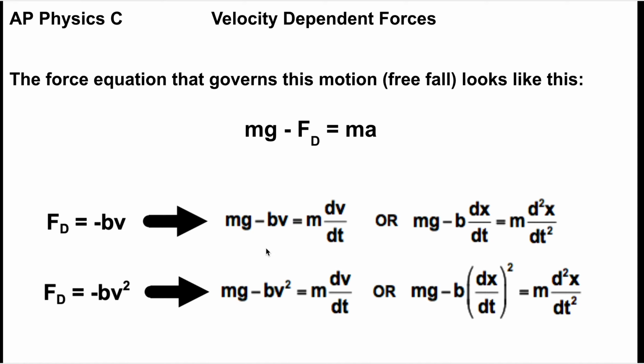So we have velocity in here, and we also have dv/dt, or the first derivative of velocity. Similarly, we could write it down here for a drag force that has a quadratic dependence. Let's not worry too much about these here on the right.